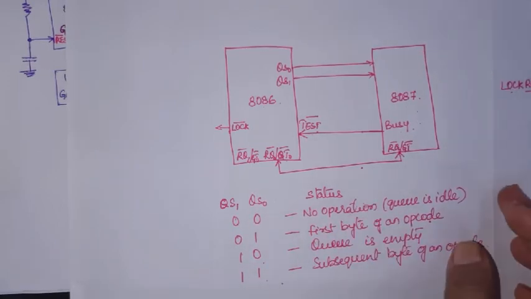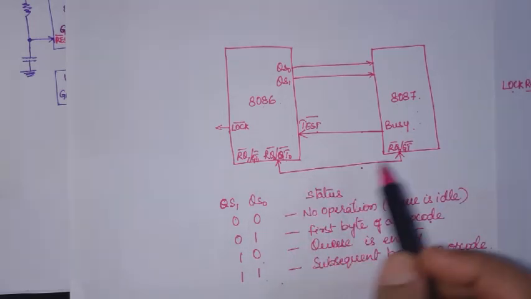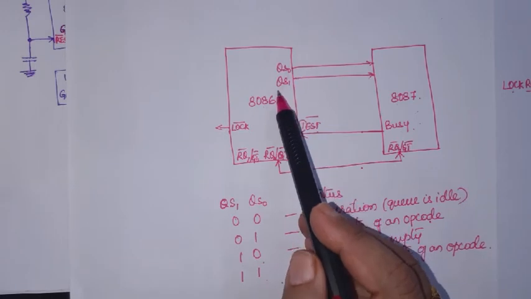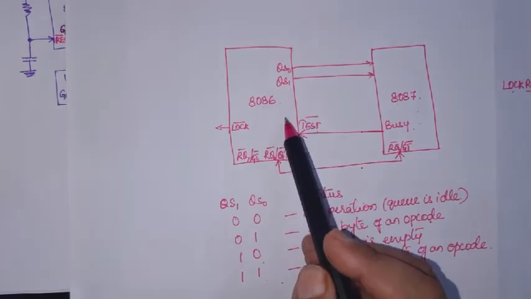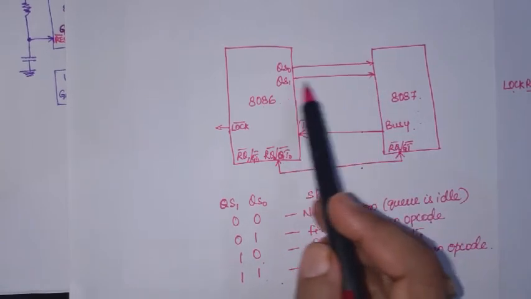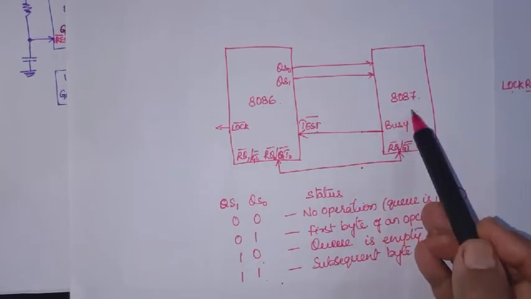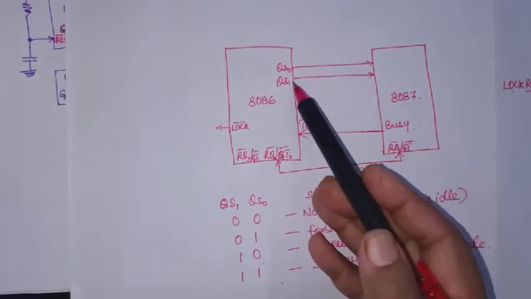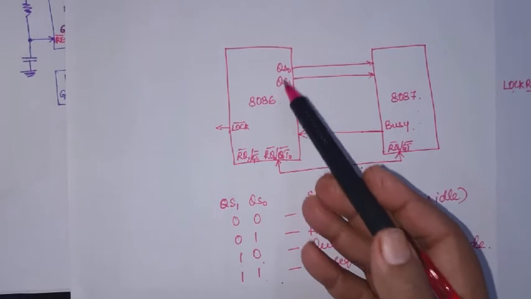So request grant is for the request for the system bus and grant of the system bus to the other processor. Then we have queue status. QS0 and QS1 give the queue status of the 8086 processor, which is given as input to 8087 to find out the status of the 8086 instruction queue.